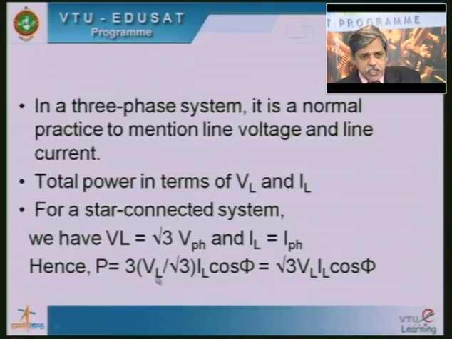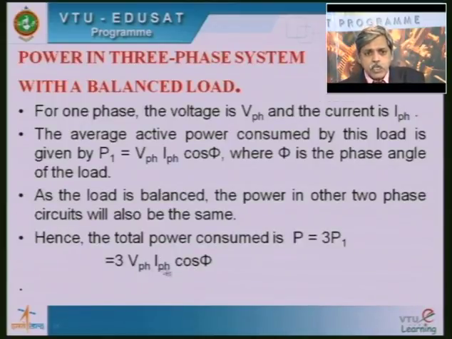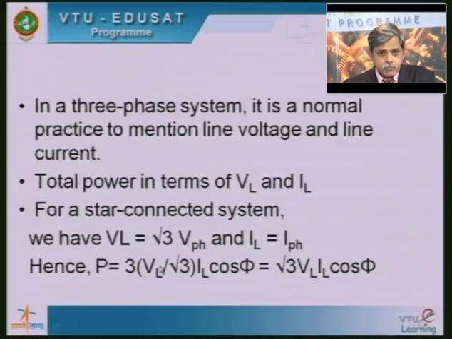These two modifications I did in this equation. V phase I write in terms of line voltage, I phase in terms of line current, because those two are specified for us. When I do that, 3 upon root 3 will give you root 3, square root of 3 VL IL cos phi. So, this is the expression for the power in case of a three phase system.